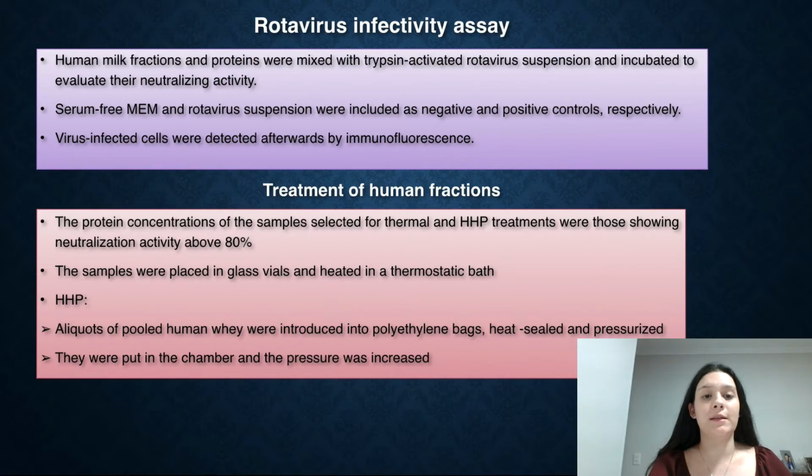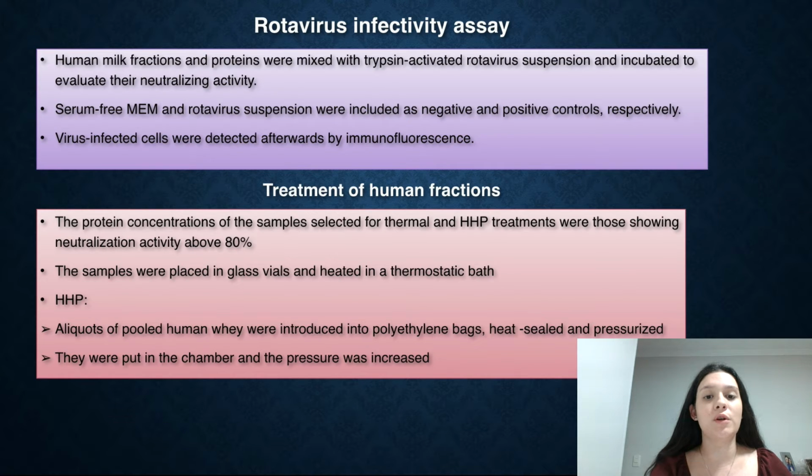Rotavirus infectivity assay. Human milk fractions and proteins were mixed with trypsin-activated rotavirus suspension and incubated to evaluate the neutralization activity. Serum-free MEM and rotavirus suspension were included as negative and positive controls respectively. Virus-infected cells were detected afterwards by immunofluorescence. Treatment of human fractions.